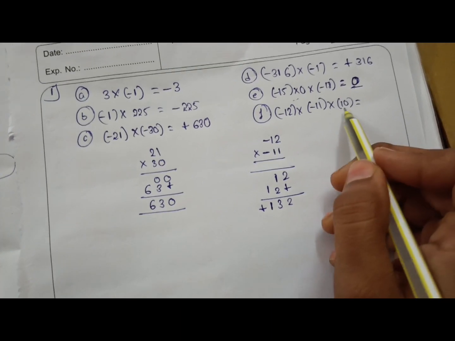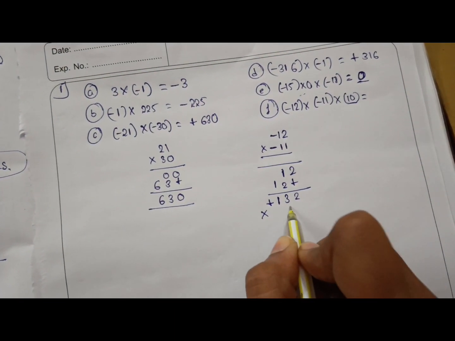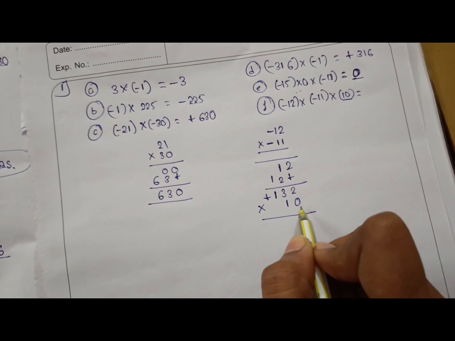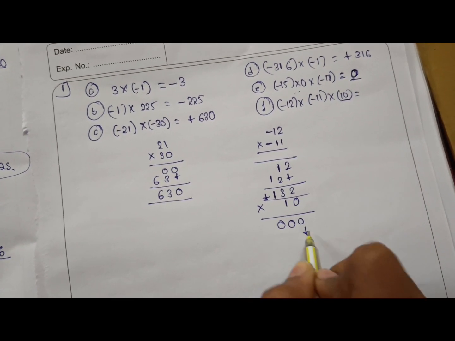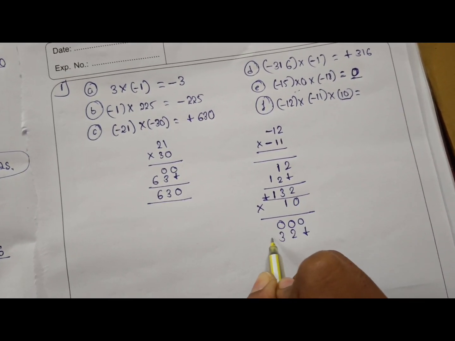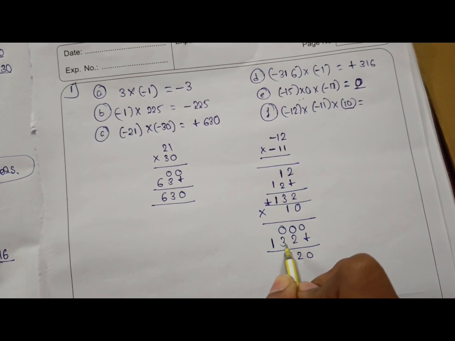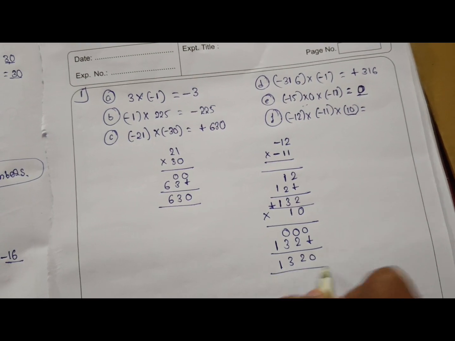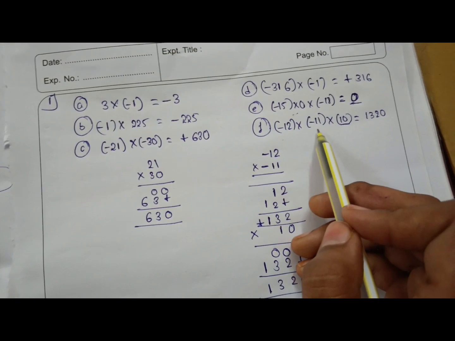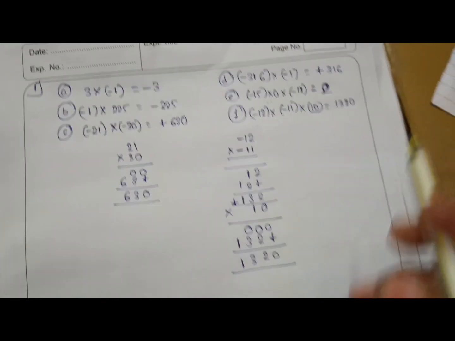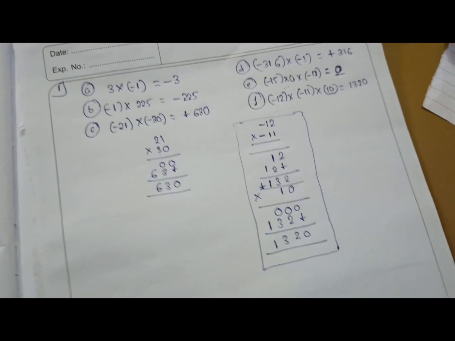We have to multiply 10 to this product. So plus 132 into plus 10. 0 2 is 0, 0 3 is 0, 0 1 is 0, plus 1 2 is 2, 1 3 is 3, 1 1 is 1, so 1320 is the answer. See the signs, minus into minus plus, plus into plus plus. This is the basic multiplication you already studied in 6th and 5th class.